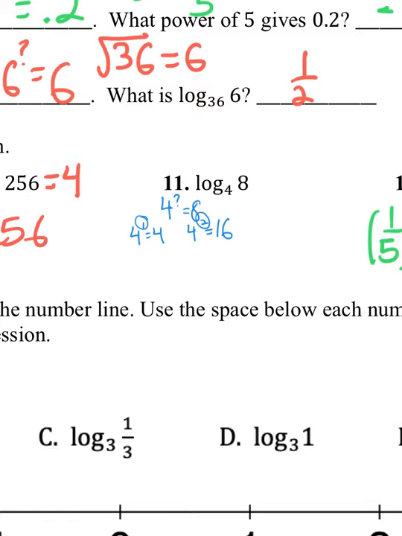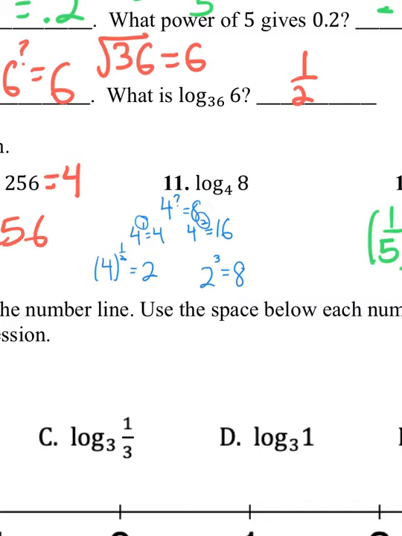But technically we could say, what's 4 to the 1/2? If we square rooted 4, we're going to get 2. And likewise, if we took 2 and raised it to the 3rd power, we're going to get 8.